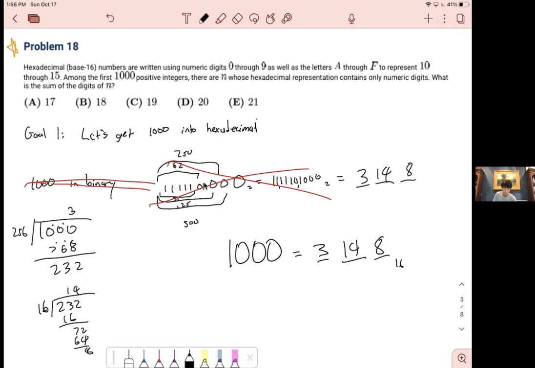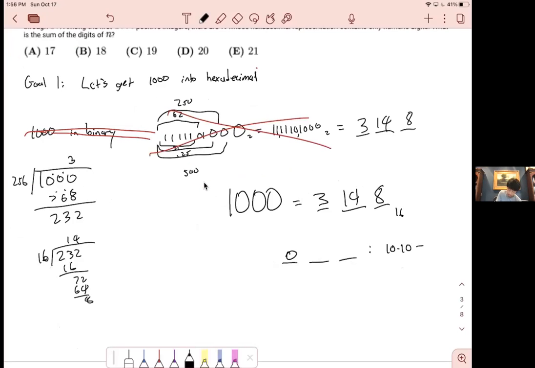If the first digit is 0, if we have 0 something something, this gives us 10 times 10 minus 1 choices, because we can choose a numeric here, a numeric here, and then we subtract the case where it's 0.